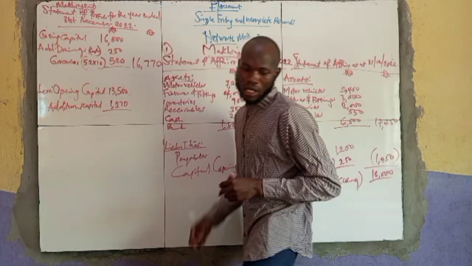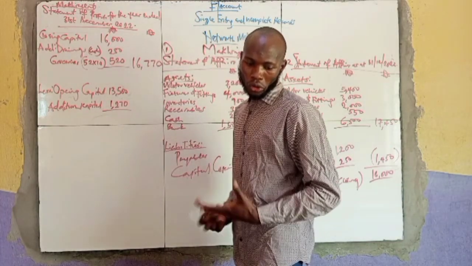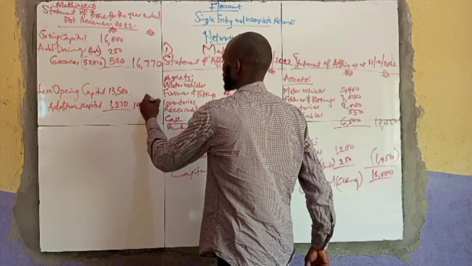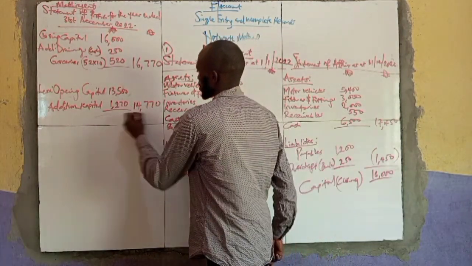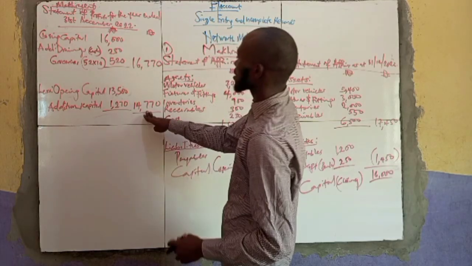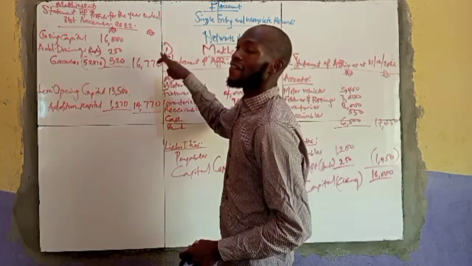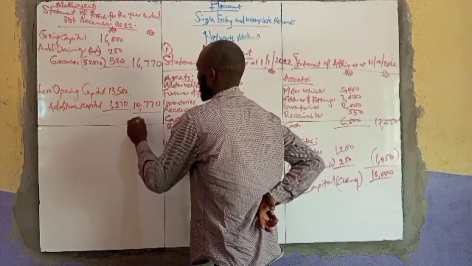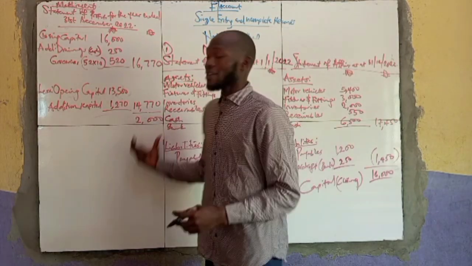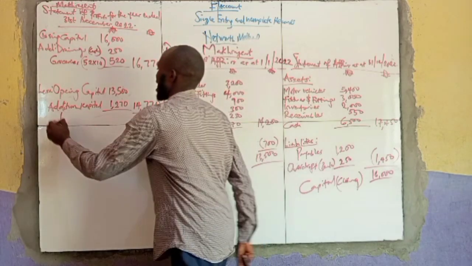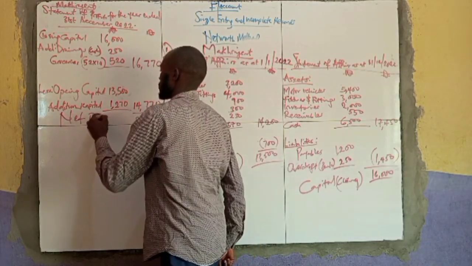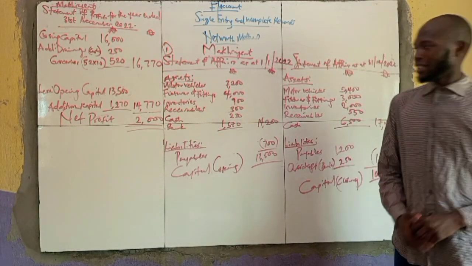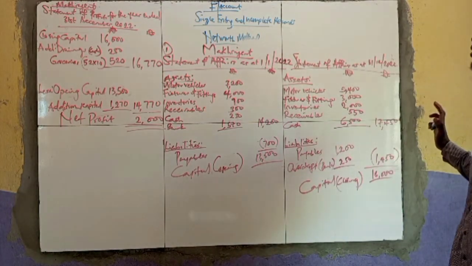Adding this up is going to give us 14,770. Subtracting 14,770 from 16,770 gives us 2,000 naira. And our 2,000 naira is going to be considered our net profit for the year.